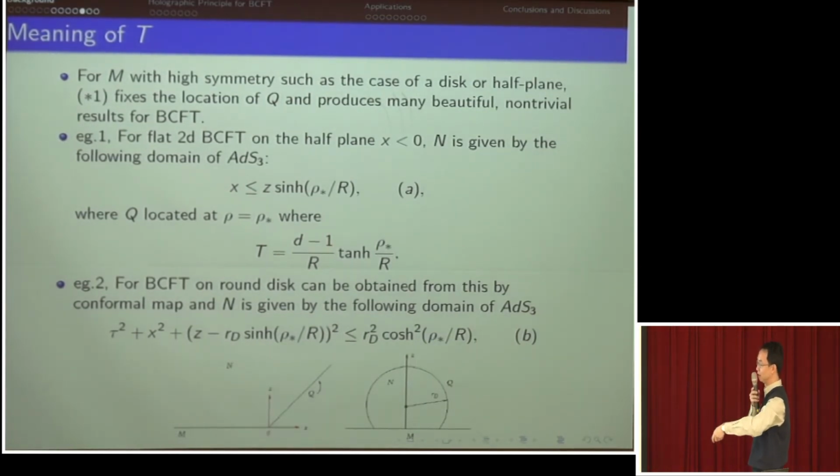More or less, it must be just a slope. So you can determine this, then you solve the equation, and then you find this. So rho star is just a reparametrization of P, the parameter we introduced. There are also other examples one can do.